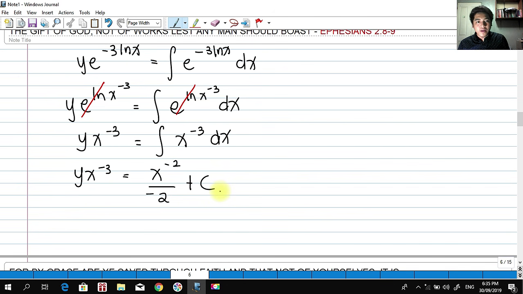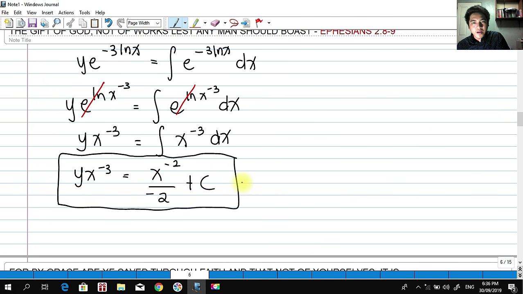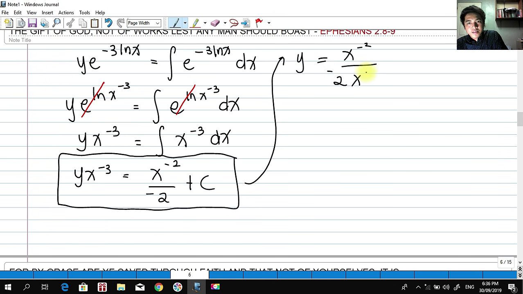Okay? And if we're going, again, to at least somehow get the simplification of this, we have y is equal to x raised to negative 2 over negative 2 x raised to negative 3 plus c over x raised to negative 3.